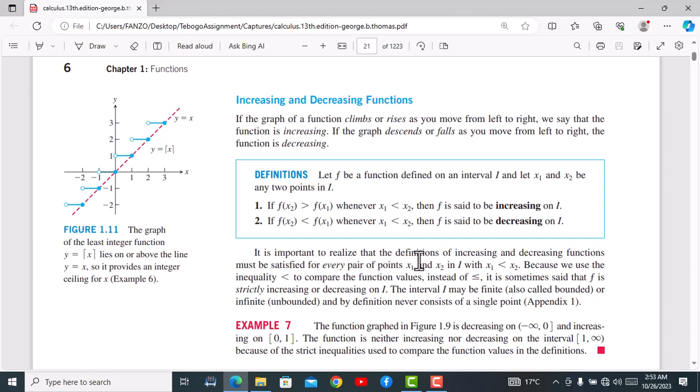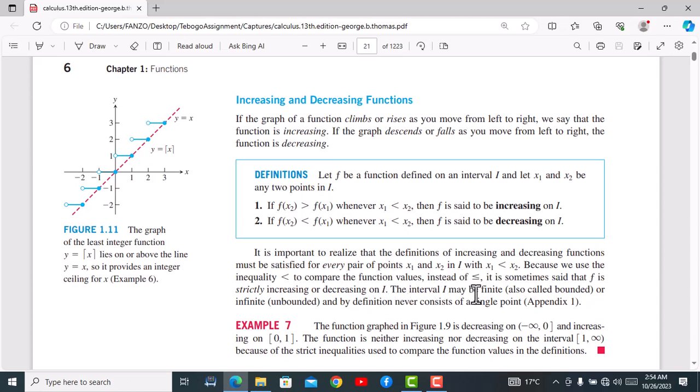It is important to realize that the definitions of increasing and decreasing functions must be satisfied for every pair of points x1 and x2 in that interval, with x1 being less than x2. We saw that. Because we use the strict inequality less than to compare the two function values instead of less than or equal, it is sometimes said that f is strictly increasing or decreasing on that interval.